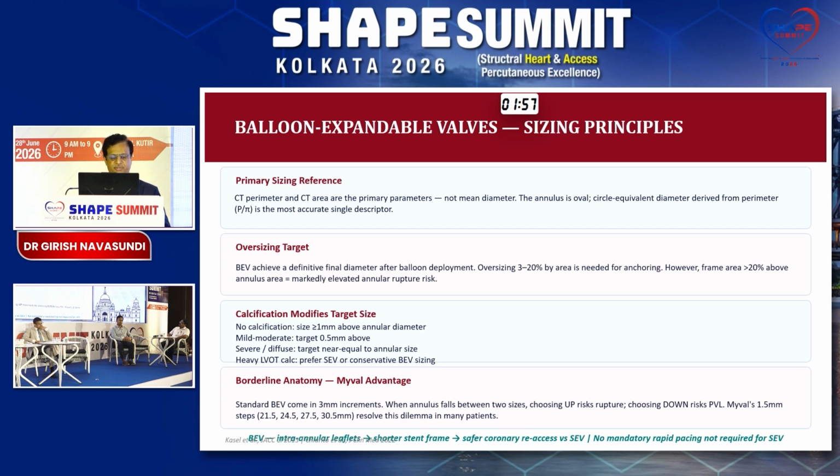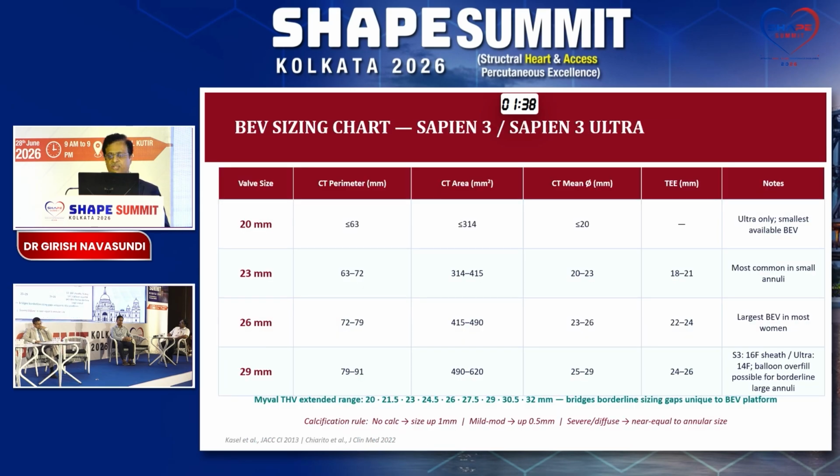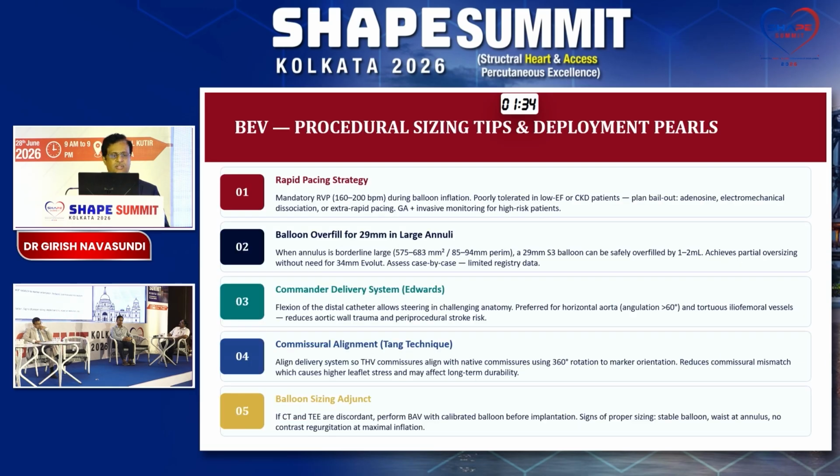If there is severe diffuse calcification, go almost equal to the annular size. When you have borderline anatomy, MyValve has an advantage because it gives you an increment of 1.5 millimeter compared to other balloon expandable or self-expanding valves, which are 3 millimeters. So we know these IFUs are already there with you all.